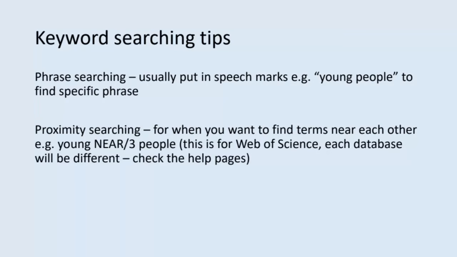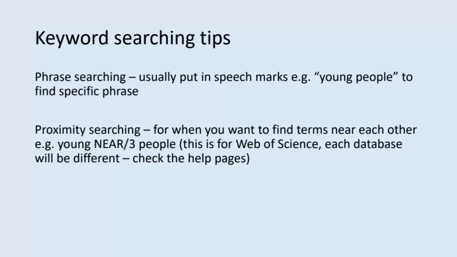So in that situation, there's another option available to you, proximity searching, for when you want to find terms that are near to each other. So for instance, if you searched young near 3 people, this is in the Web of Science database, so each database will be different and you need to check the help pages, it would find the term young within 3 spaces of people.